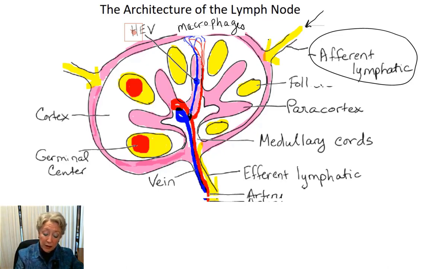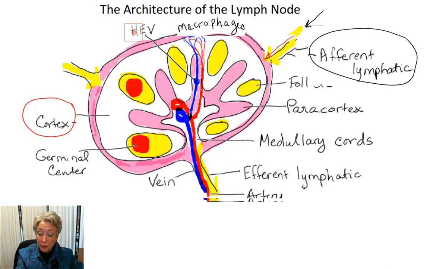Remember that my B lymphocytes, as they respond to the signals that cause them to traffic through the body, they will come to reside in the cortex of the lymph node, and they will make both germinal centers and follicles in the area of the cortex, accumulations of B cells waiting to see the signaling of the antigen entering the node.